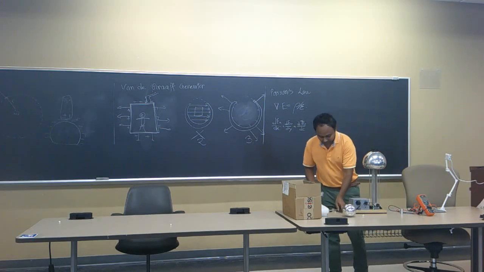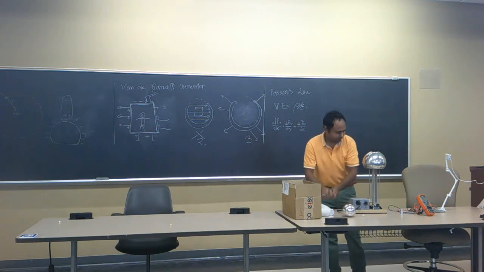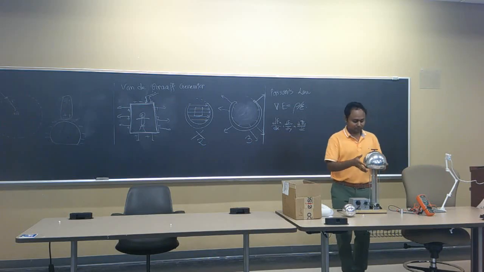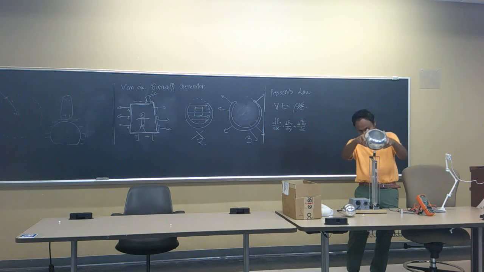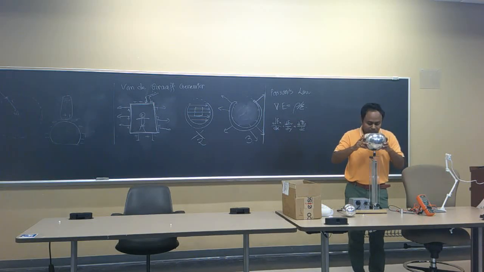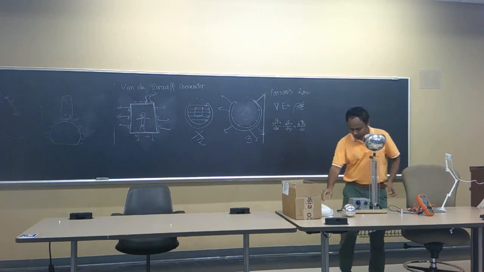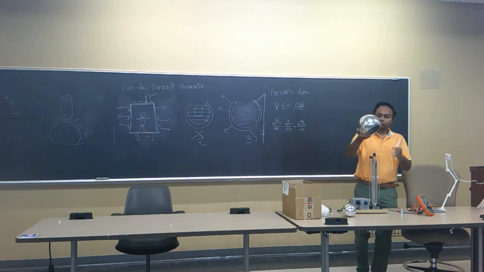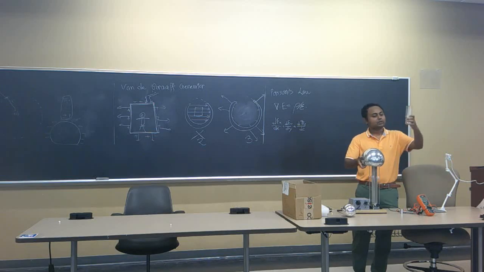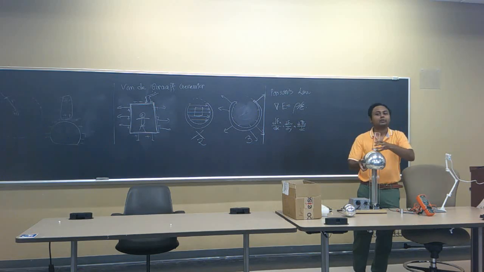So tell me the following. We know that if we put this like this and put some aluminum ball on top of it, this aluminum ball is going to get the same charge and they're going to repel each other.